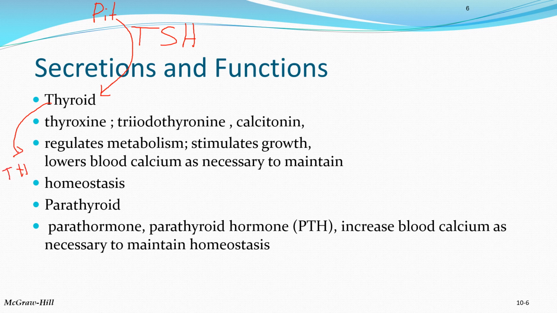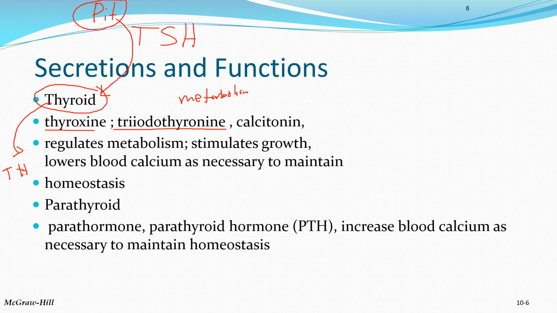So the pituitary turns on the thyroid. That's its first hormone, thyroid hormone, aka thyroxine, triiodothyronine. So it's just different names for thyroid hormone. And what that does is it regulates your metabolism.